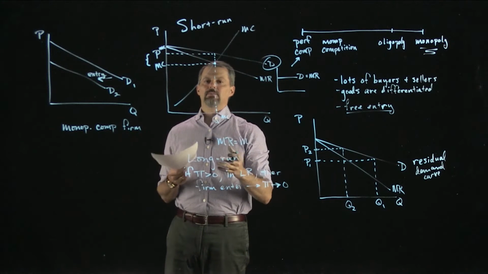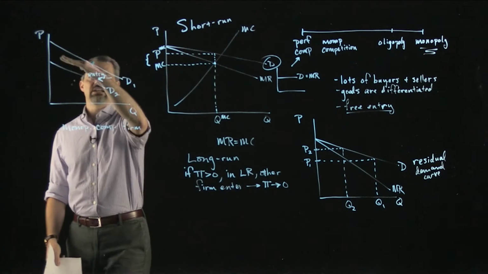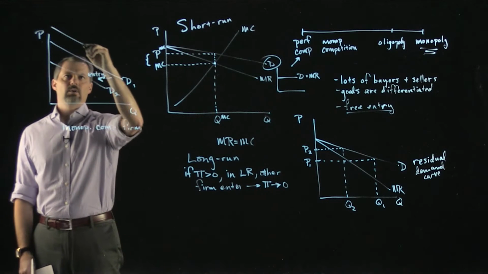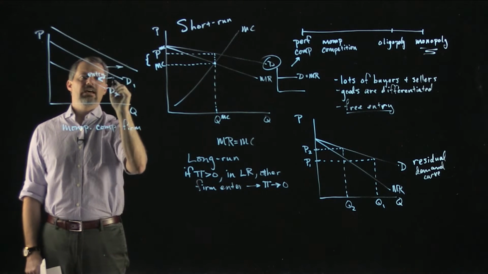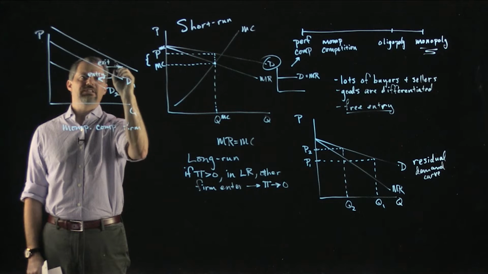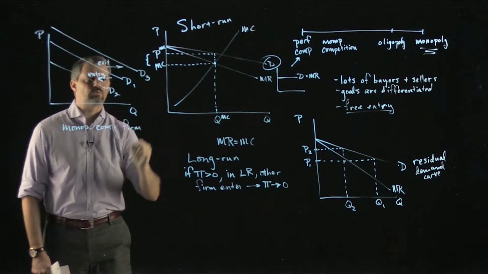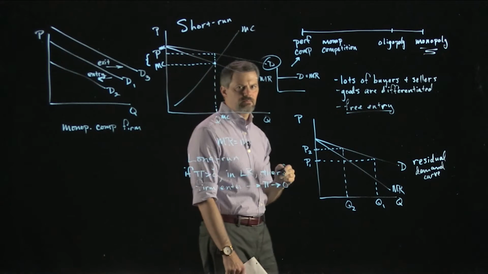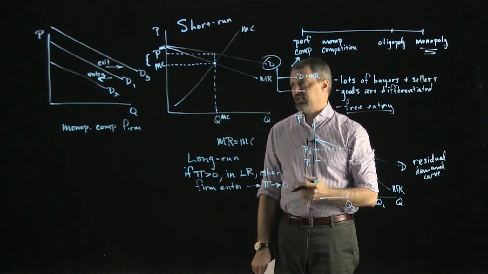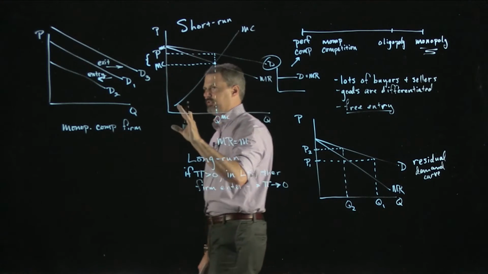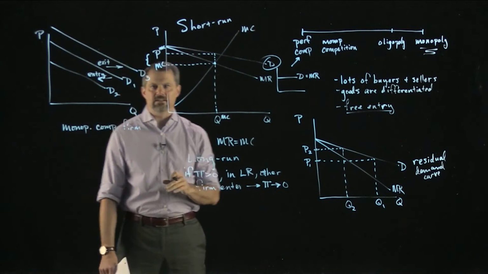If other firms exit the market, then that will increase demand for our product. So exit from the market will end up shifting the demand curve that we face to the right to say D3. Now in my principles class, I always ask my students to think very carefully about this.